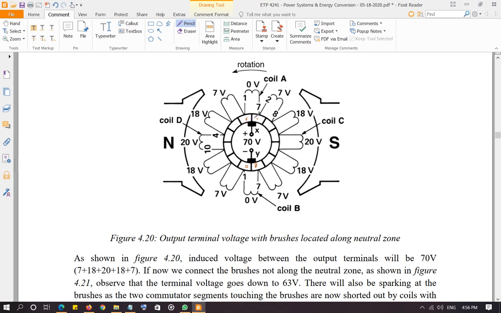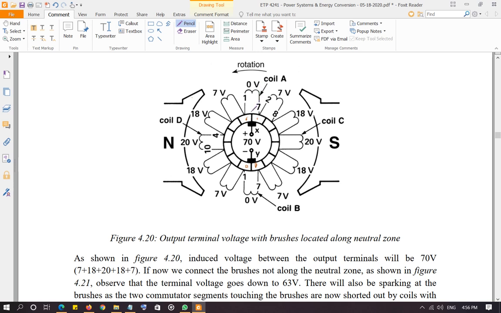Remember, commutator segments have to be insulated from each other. Now, if you short these two segments, then of course you are making the current flow through those, and you're going to have sparking at the brushes. That's what happens in many of the old motors: they become old, and it starts shorting. Then the armature reaction happens, the brushes start dropping the voltage, and the sparking of the brushes reduces their life.